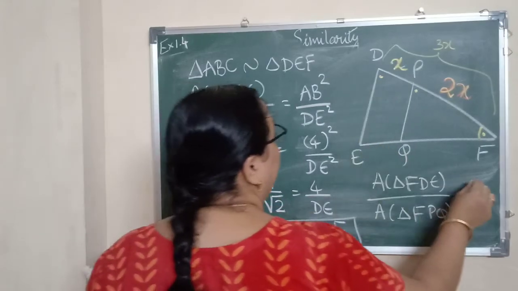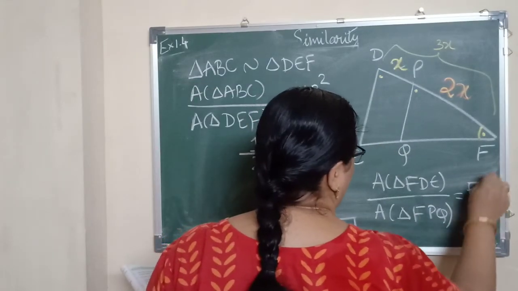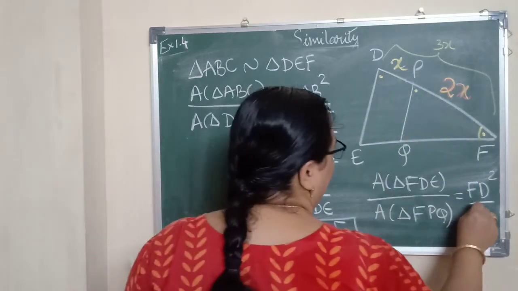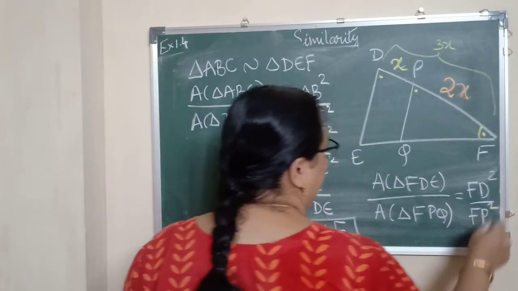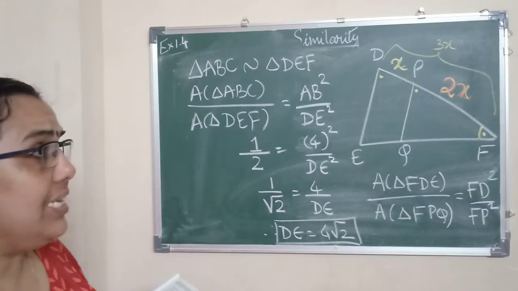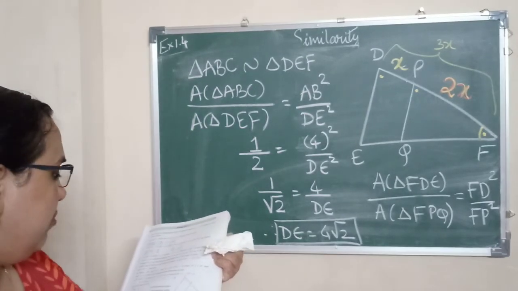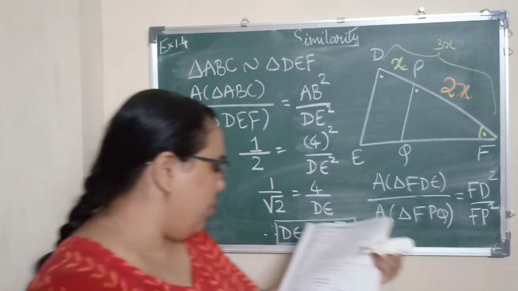FD square upon, for FPQ which side? FP square. Now we know what FD is, 3X, and what FP is, 2X. So we substitute that and you get 9 upon 4.